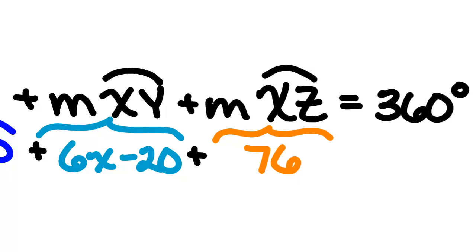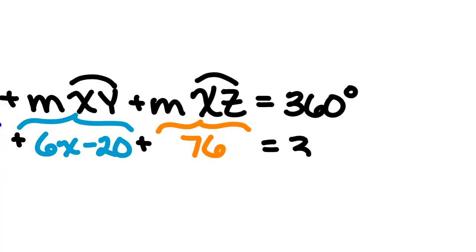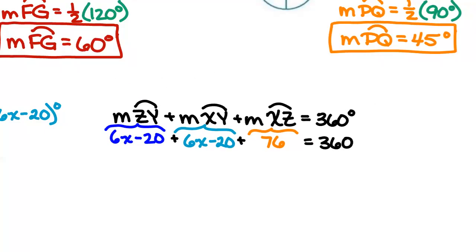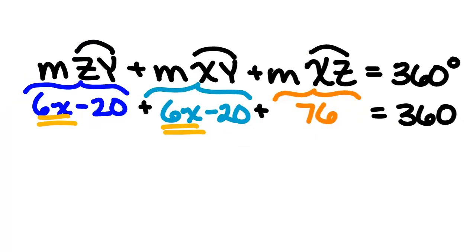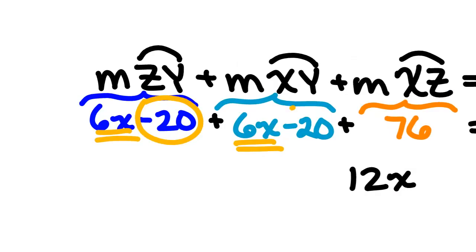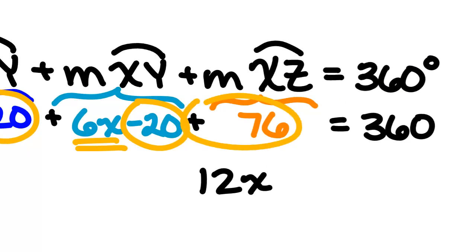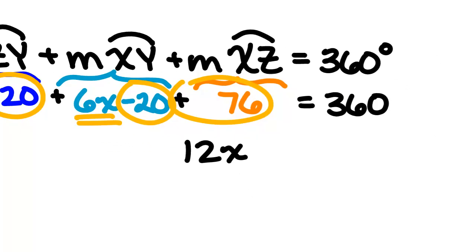When I add all of that together, we get 360. So let's combine our like terms. I have 6x and 6x. That'll combine to give me what? 12x. Then we combine the things that don't have x's. I have negative 20 and positive 76.